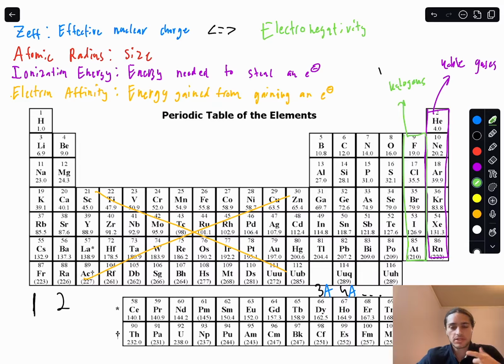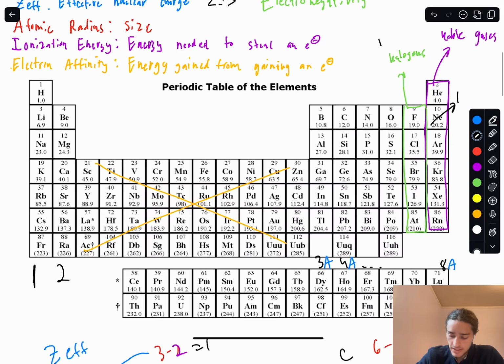I should have probably mentioned this when I mentioned noble gases, but what makes the noble gases so special, and the reason they're not chemically reactive, is the fact that they have a complete electron shell. All of their electron shells are totally full. Like neon, for example, its electron configuration is 1s2, 2s2, 2p6.